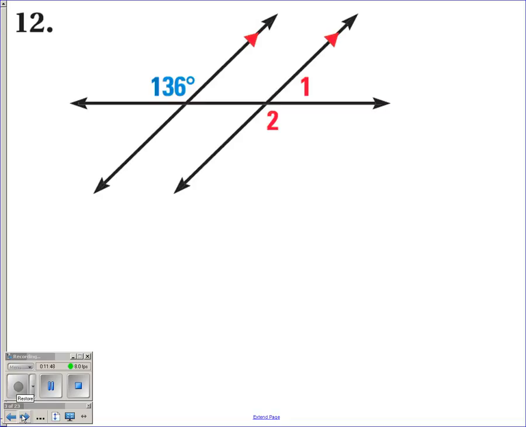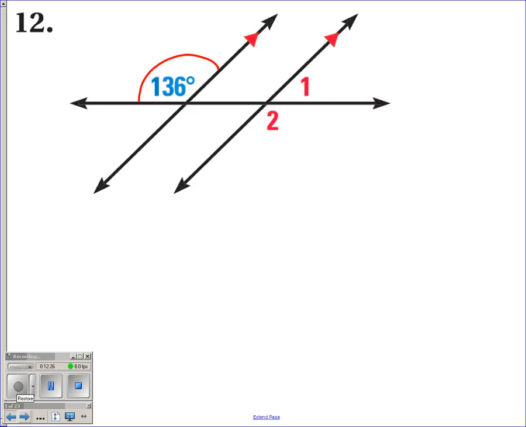Let's go on to problems 12 through 14. It says on these, find the measures of angle 1 and 2 and explain your reasoning. Now we're going to explain the reasoning maybe more than one way, but I'm going to take a look at the angle that's given, and that's this 136 degree angle here. Now, what I would like to do is use one of the angle pairs that we have, corresponding, alternate interior, alternate exterior, or same side interior, instead of having to go multiple steps.